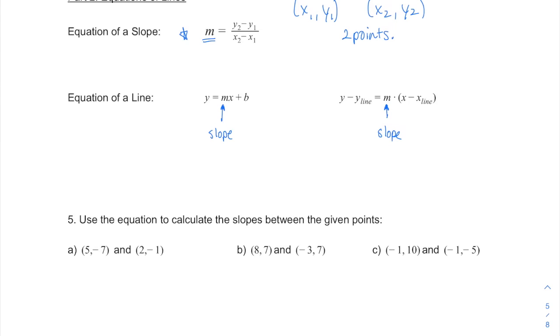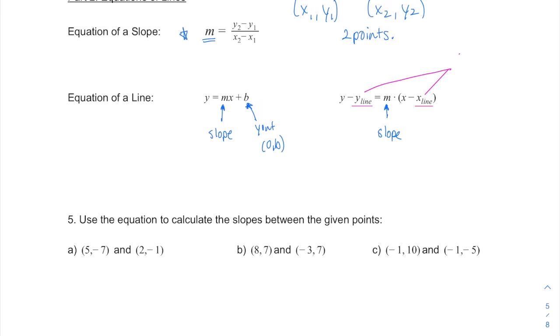All right, so what are these other letters? In the first case, we have b, which we've talked about as the y-intercept, which is at (0, b). In our second equation, these two variables, y-line and x-line, actually go together.